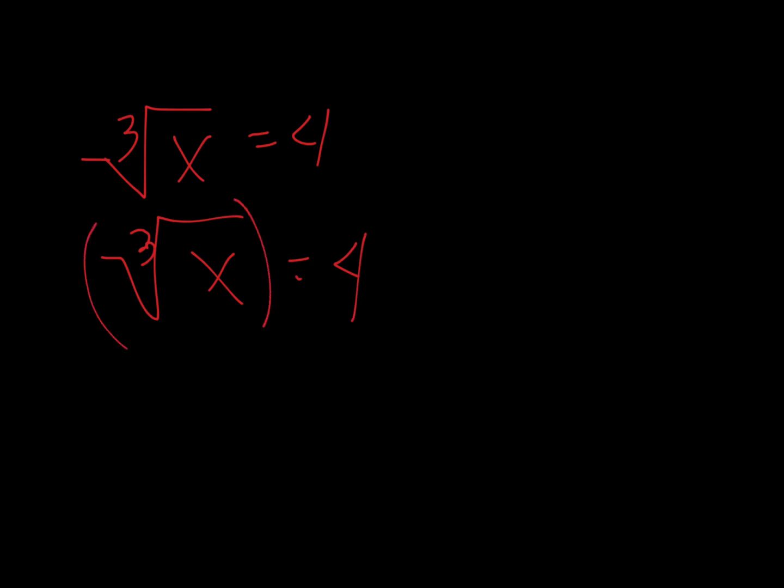The cube root of x is equal to 4. To solve the equation, raise both sides to 3. Then cancel. Then x is equal to 4 cubed, which is 64. Therefore, our x is equal to 64.